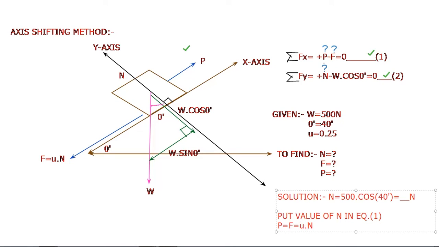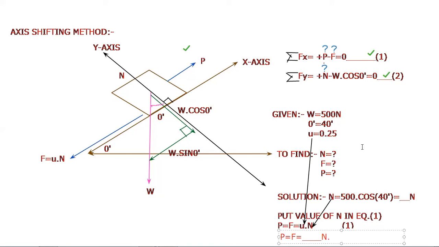So therefore, substitute the value of N in equation number 1. After substituting the value of N here and the value of mu as 0.25, by substituting these two values, you will get the value of P is equal to F, and you will get this value in Newton.